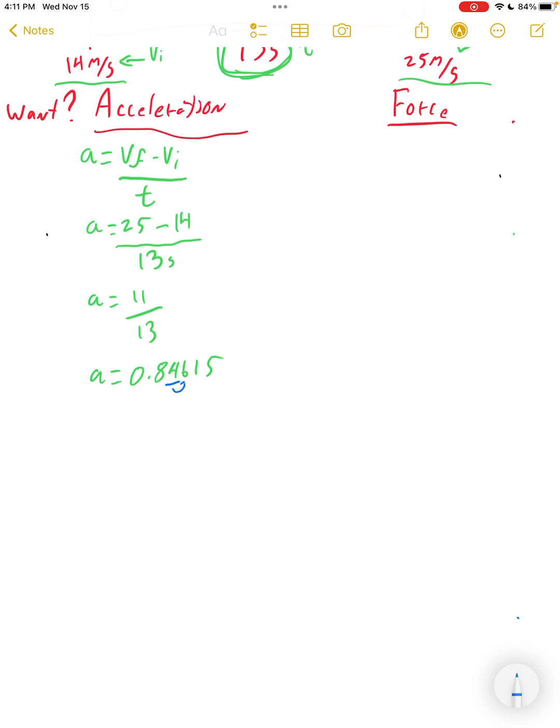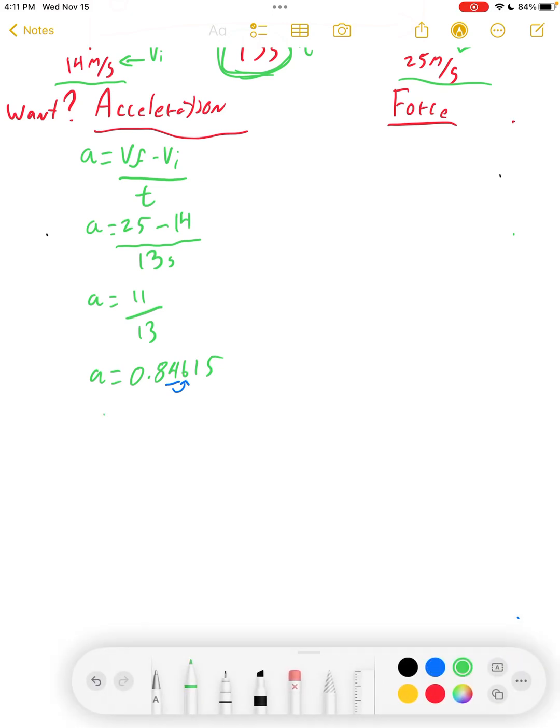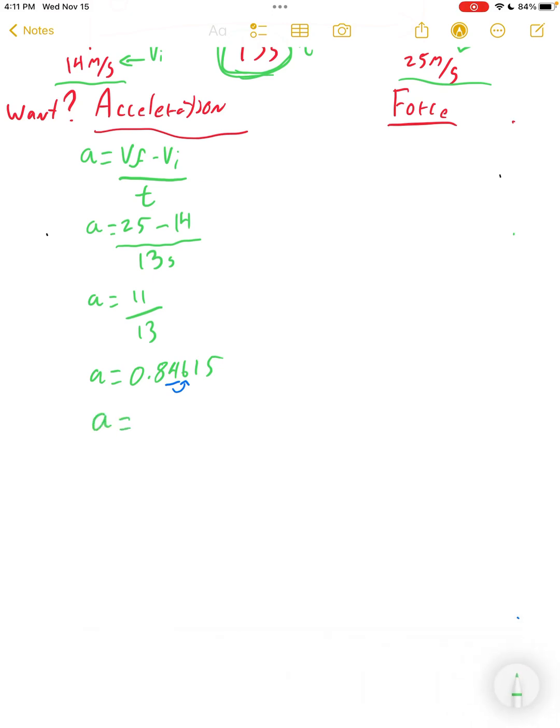So we look to the right, and if the number to the right, which is the thousandths place, is 5 or above, we round the hundredths up. If it is below 5, then we keep the hundredths the same. And because that 6 is above 5, we know that our acceleration, rounded, is 0.85. Don't forget units, meters per second squared.